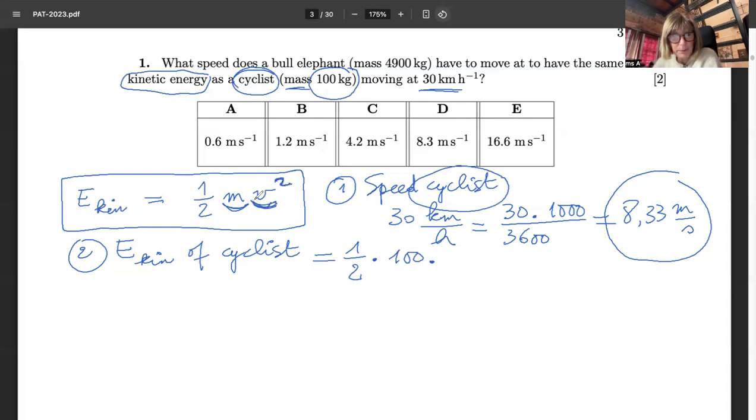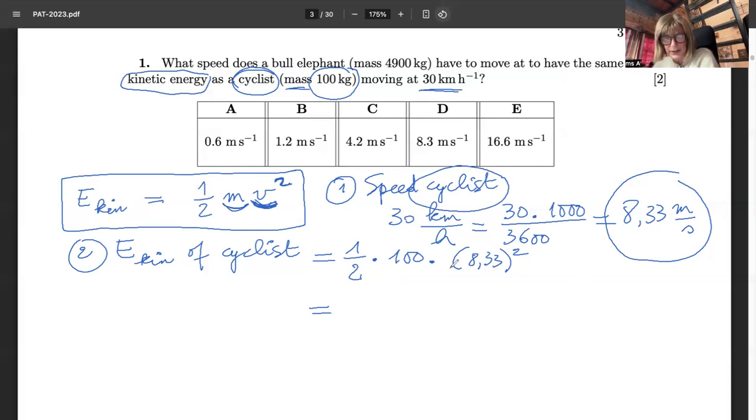Multiplied by the speed, but watch out, speed times speed. So speed times speed. What was the speed? It was 8.33. Okay, I hope you agree. The only thing I did is I put all the elements in the formula. If I calculate that, I have 50, because 100 divided by 2 is 50, times, and I calculate everything with my calculator.